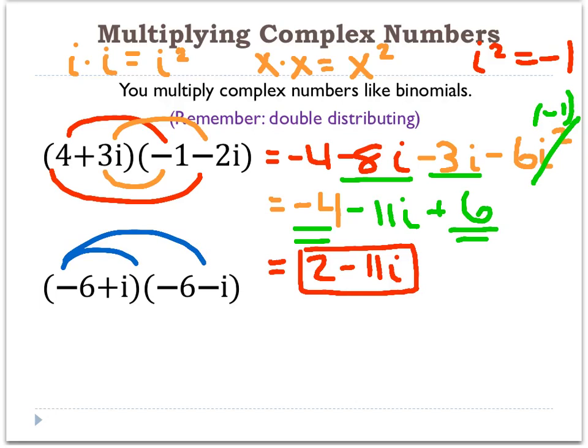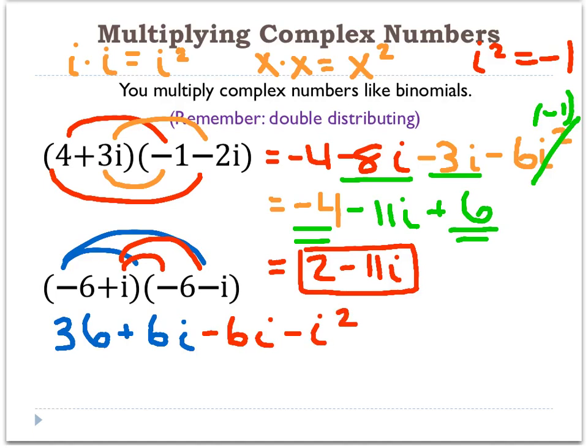Just double distributing, right? Negative 6 times negative 6 gives me positive 36. Negative 6 times negative i gives me positive 6i. And then I'm going to do i times negative 6i, which is negative 6i. i times negative i gives me negative i squared. So combining like terms here, this and this are going to go away and give me 0.